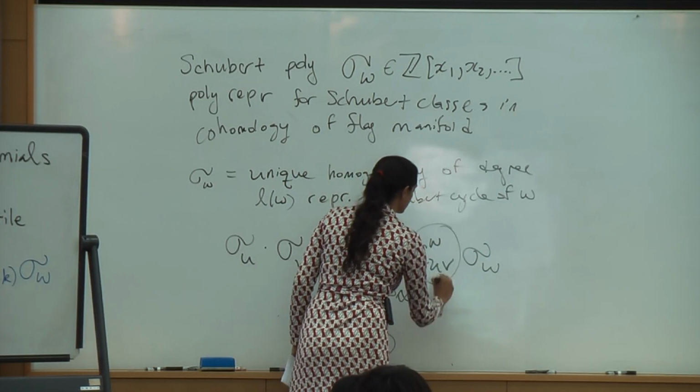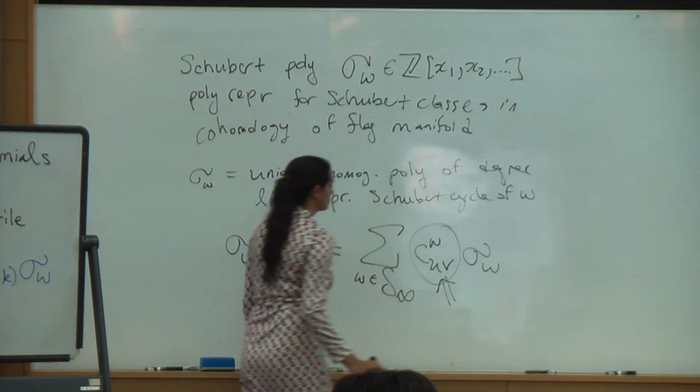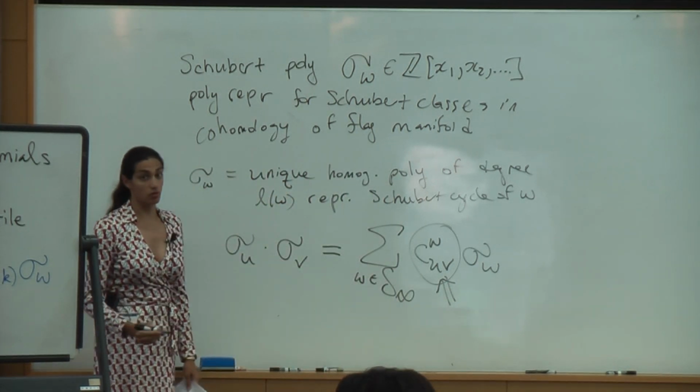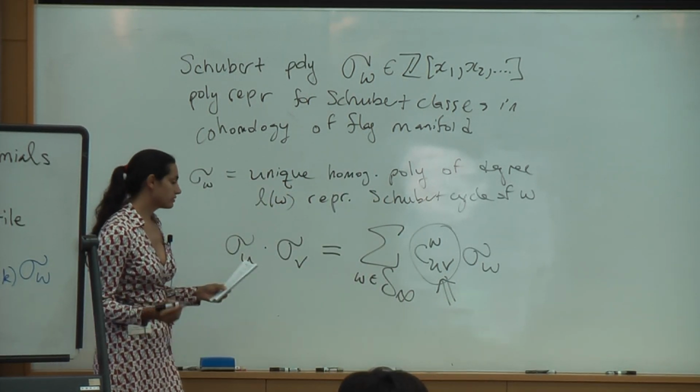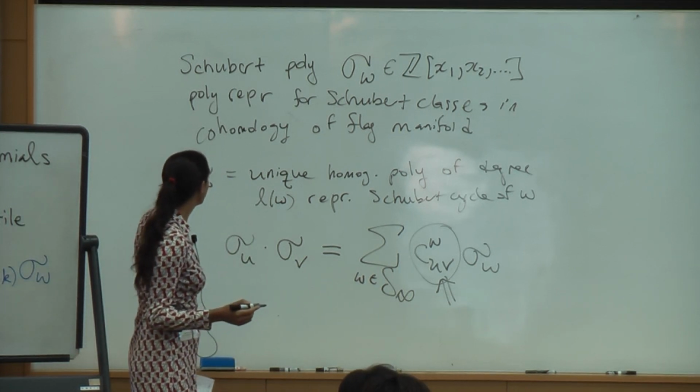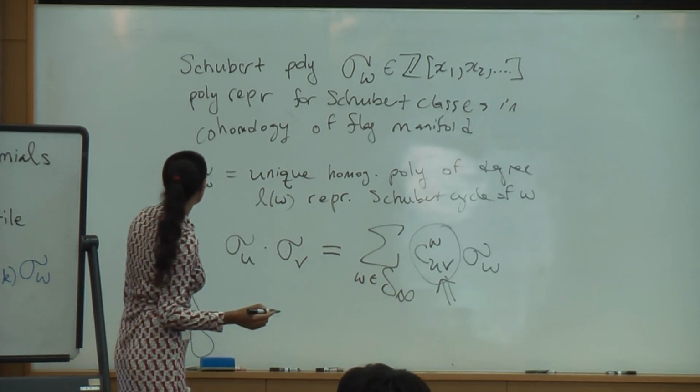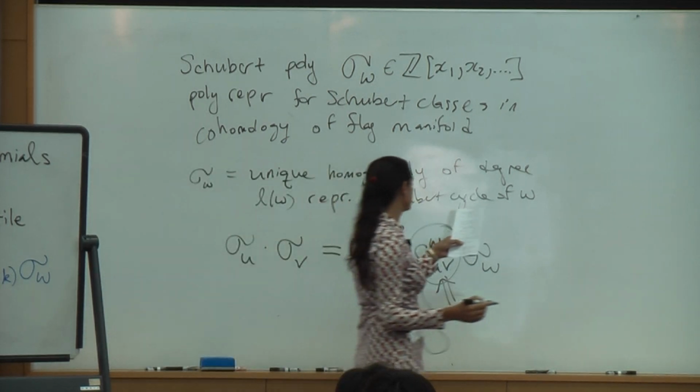So one of the goals of Schubert calculus, as I understand it, is to really understand these coefficients. As Dave explained to us on Monday, I think, we know these are non-negative because of the geometry.